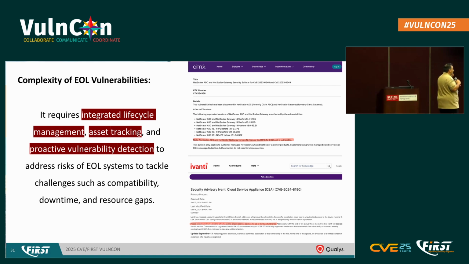Because your team says, oh, there is no patch for this. We didn't know that this is end of life. No, your asset management said, okay, but it never got the data from asset management to my vulnerability management to pick that up, right? These are the points when we mention that it needs to be fully integrated in order to work to your advantage.